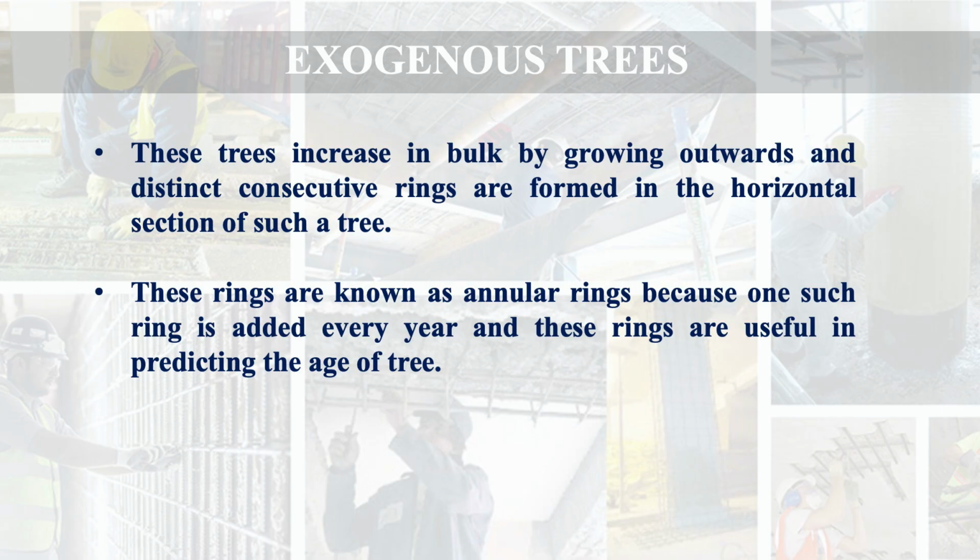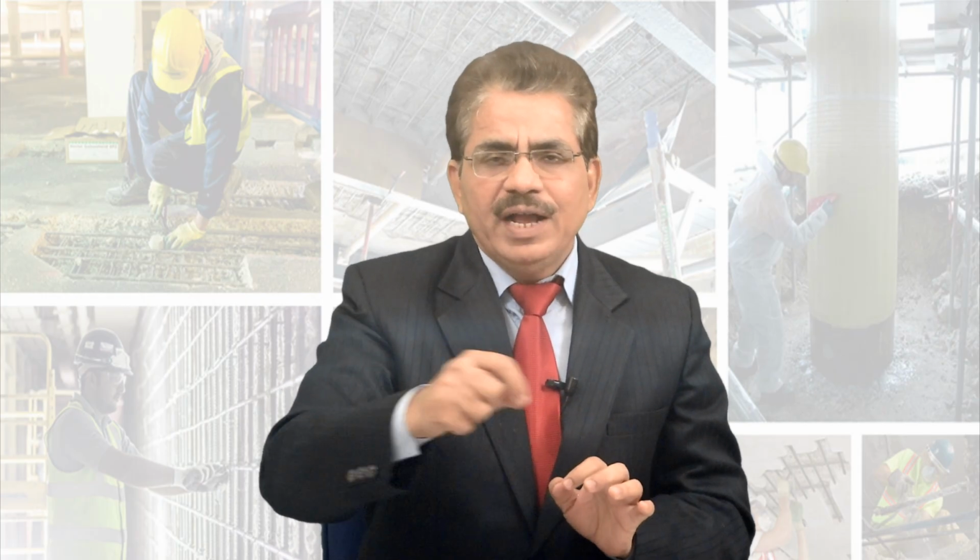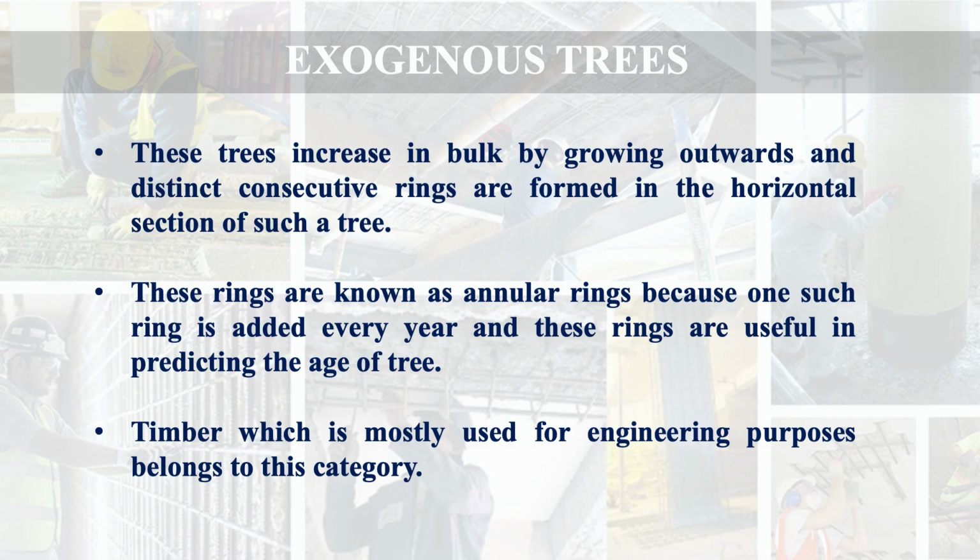These rings are known as annular rings because one such ring is added every year, and these rings are useful in predicting the age of a tree. You can easily predict the age of a tree by counting the number of annular rings. Timber, which is mostly used for engineering purposes, belongs to this category.